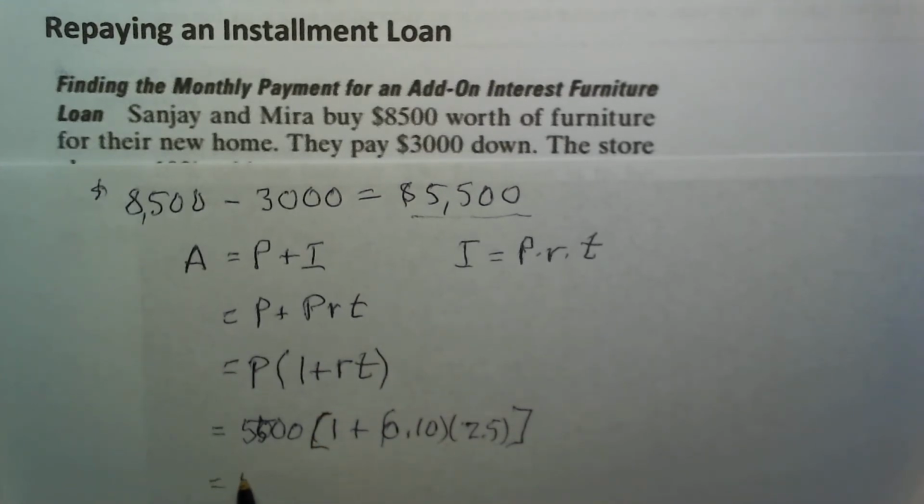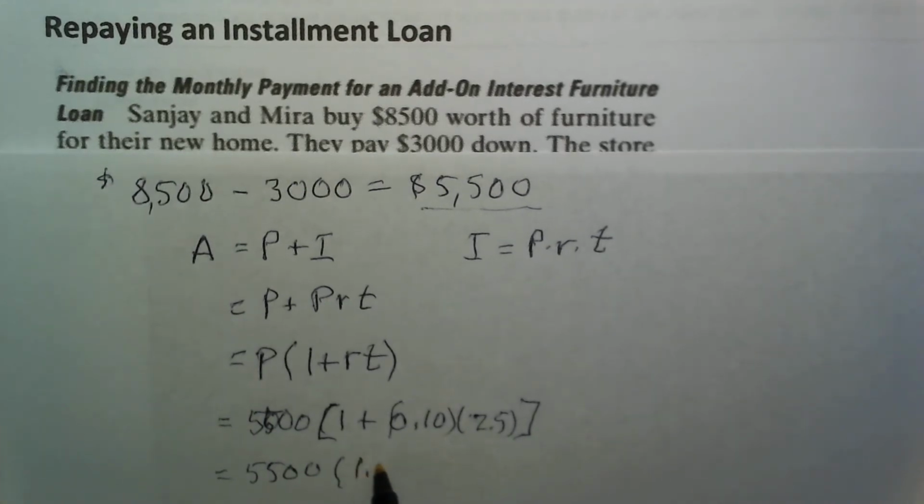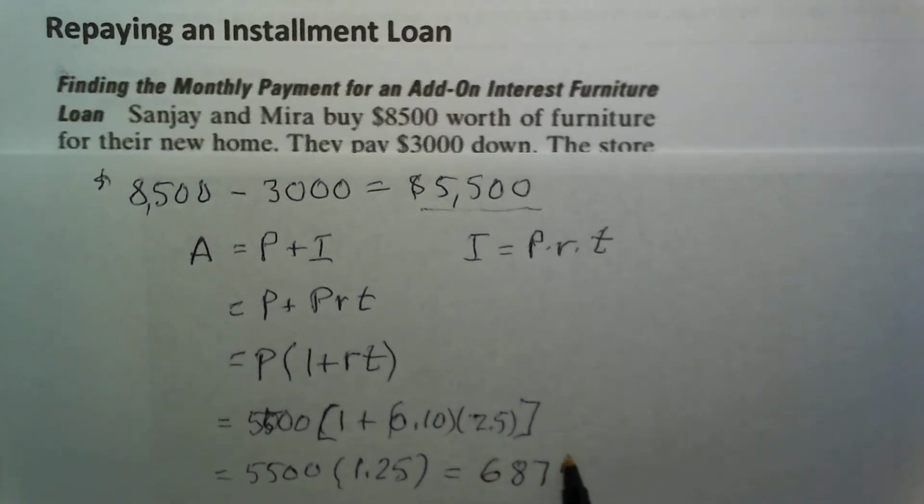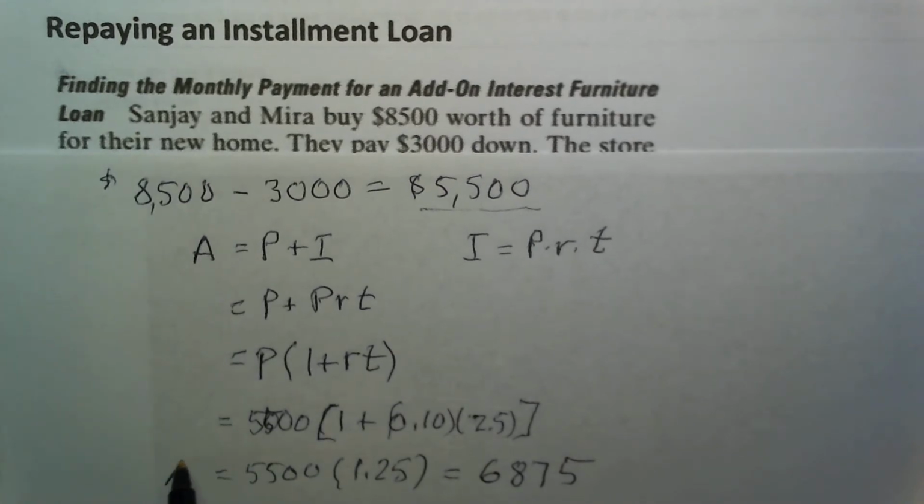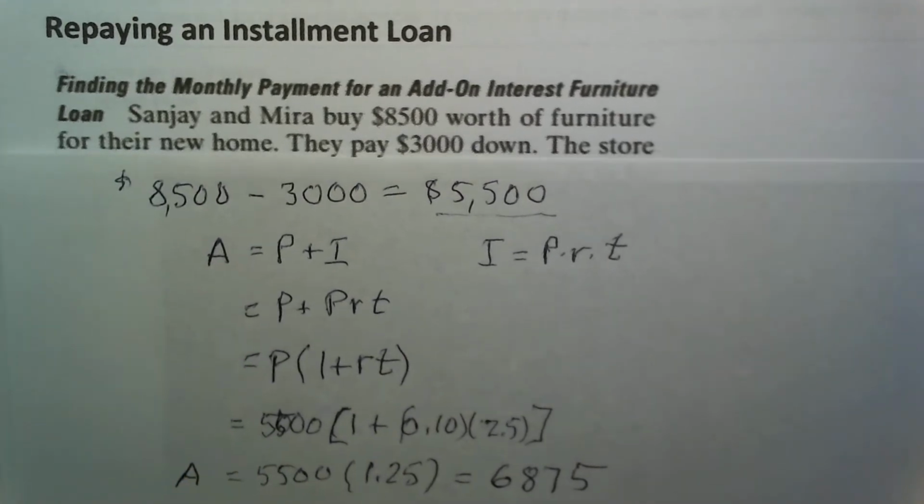So there would be 5,500 times 1.25, and that is equal to $6,875. That needs to be financed for 30 months.